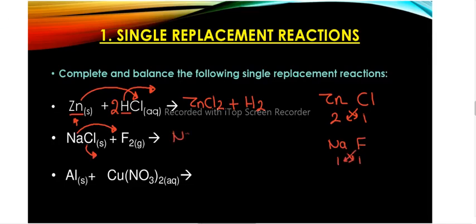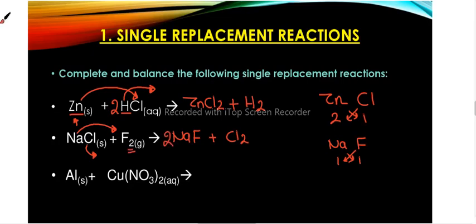This forms NaF plus Cl, which will be in the form of a diatomic molecule, so it is Cl2 as a gas. It will appear here as a gas of bubbles. For the balancing part, you have 1 Na and 1 for each side, but you have 2 fluorines, so I'm going to multiply here by 2.